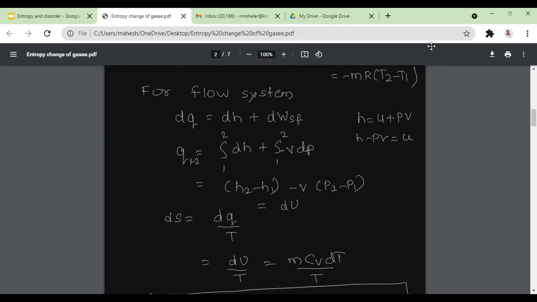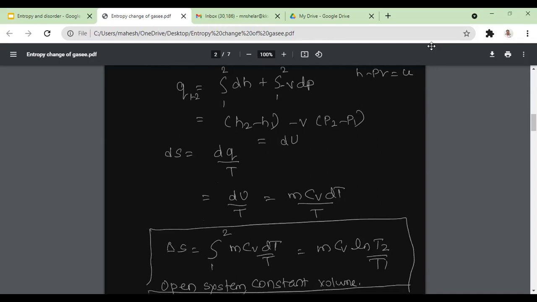So this gives us dQ is equal to dU, and you can put this dQ as dU in the expression of dS. For calculating the entropy change, which is equal to dU upon T, it gives us mCv dT upon T, and the similar expression which we had for the closed system, we also get from the open system, wherein the change in entropy from integration is mCv ln T2 by T1.